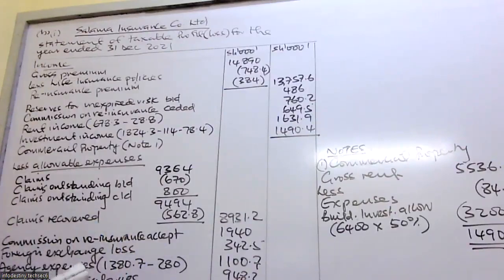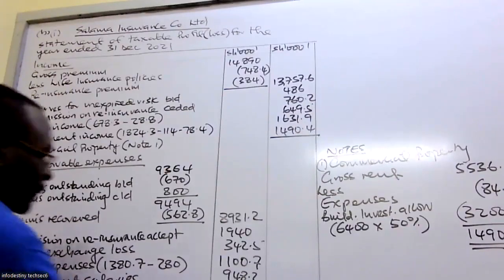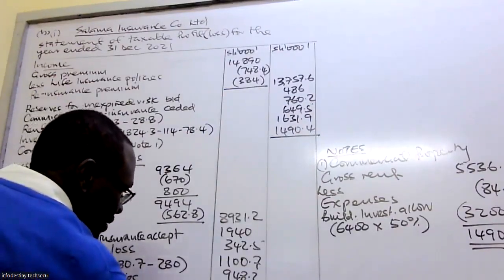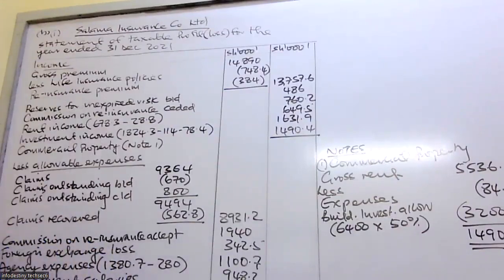Then rent and rates as an adjustment. Note 1 says the company operates both general insurance business and life in the same building where rent and rates are shared in the ratio of 2:3. So 2/5 for rent and rates. So rent and rates would be 760.4. You multiply by 2/5, 304.16.